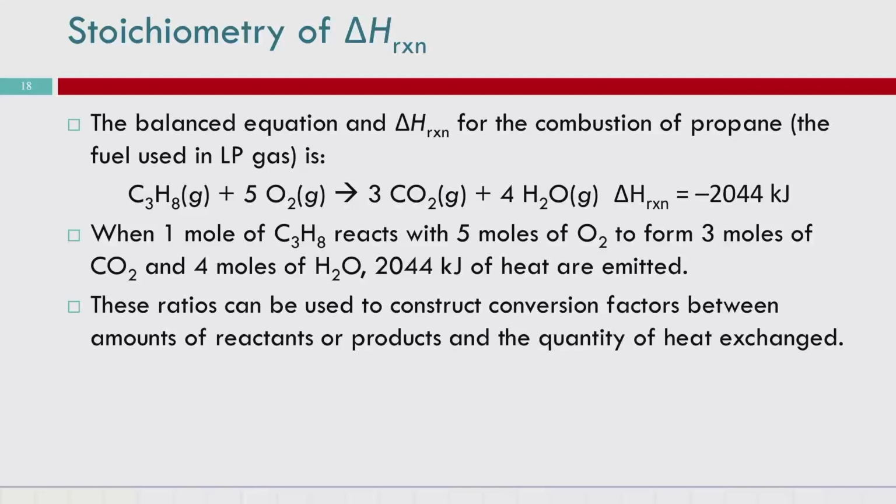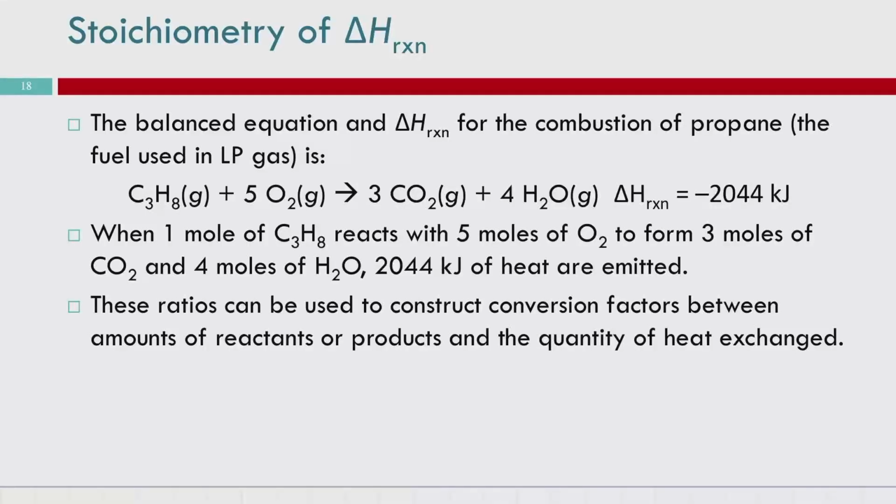So example, liquid propane. We've got a balanced chemical equation and a delta H for the combustion of propane. We have 1 propane reacting with 5 oxygen molecules to produce 3 CO2 molecules and 4 water molecules. The delta H value is negative 2,044 kilojoules.